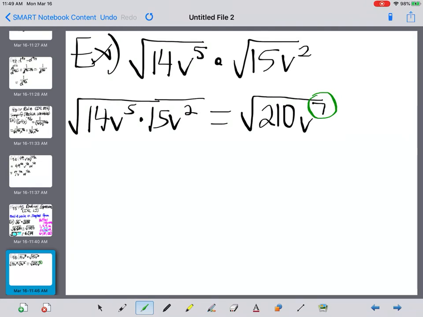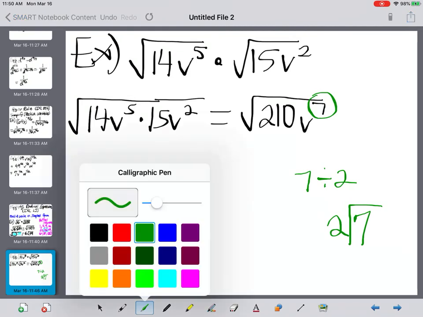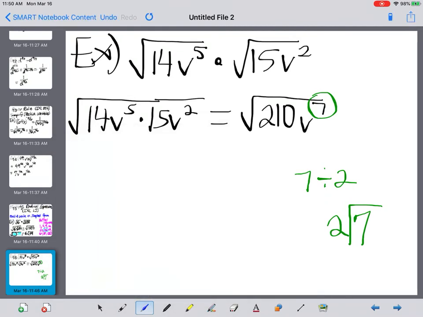I have the square root of v to the 7th. Square root means I'm doing the 1/2 power. So I'm going to do 7 times a half, or 7 divided by 2. So I'm going to put 7 inside and 2 outside.